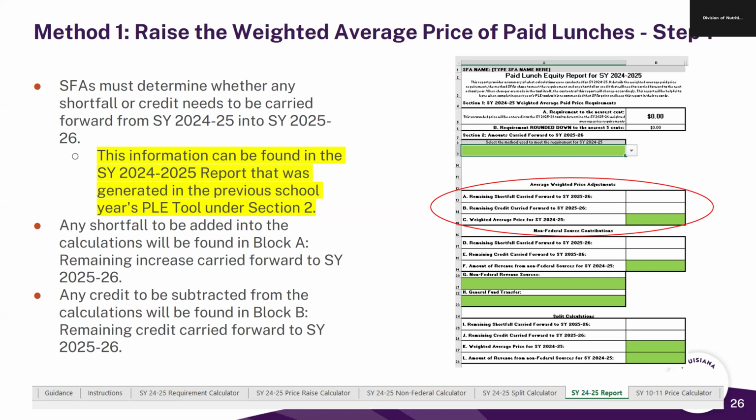And on this slide is a screenshot from the 24-25 PLE 2 encircled where you're going to find this information. Any shortfall will be added into the calculations and is found in block A, remaining increase carried forward into 25-26, and any credit will be subtracted from the calculations. That's going to be found in block B, called remaining credit carried forward to 25-26.